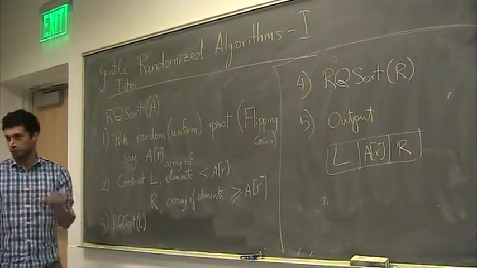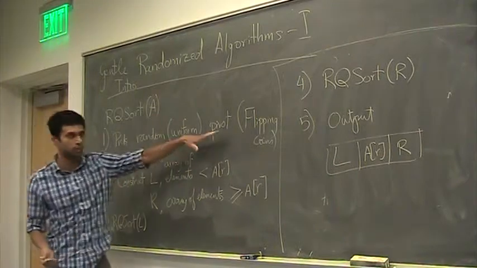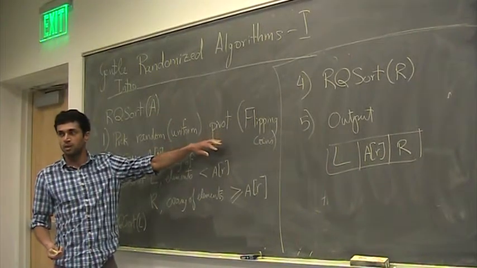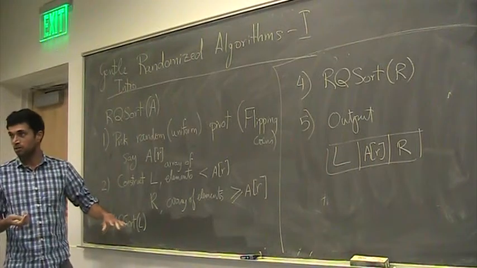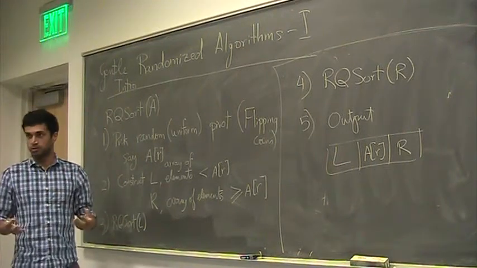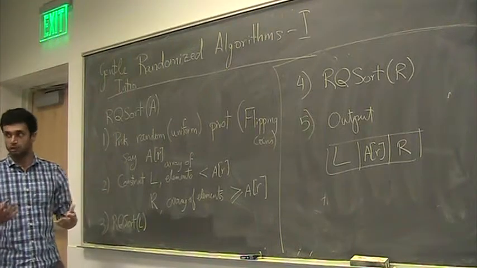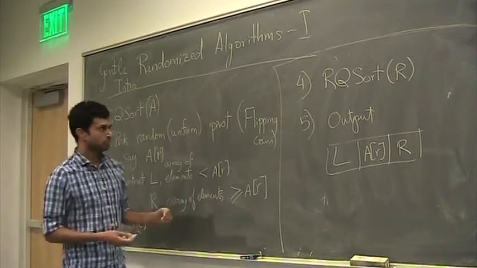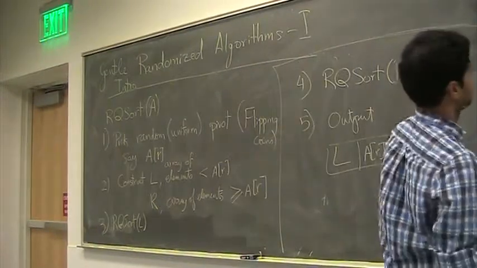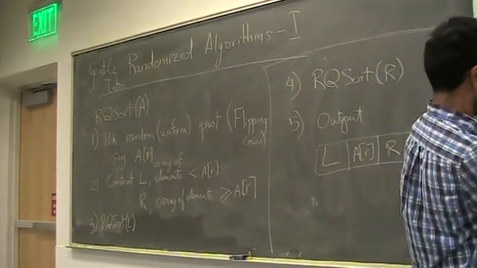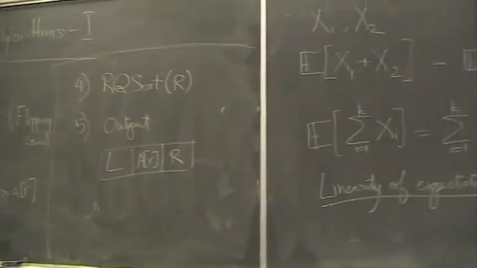So the running time is a random variable over the outcome space of pivots. Now I'm going to write the running time of Quicksort in terms of indicator random variables, and then basically apply linearity of expectation. So let me keep this over here.